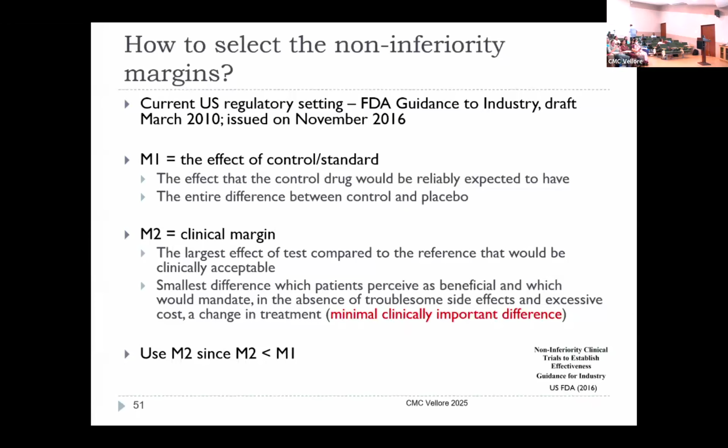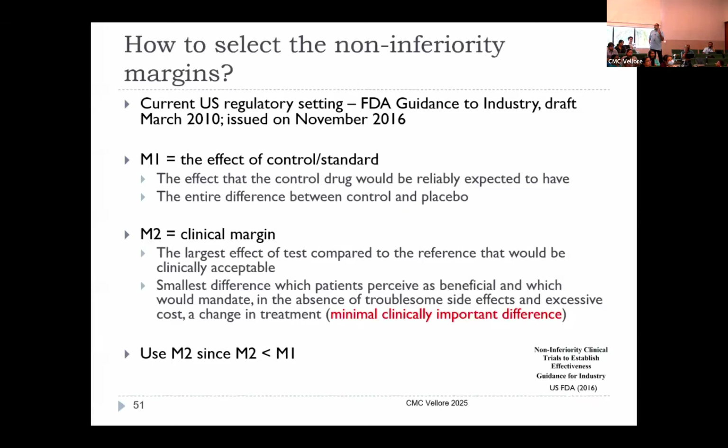Well, I can base it on my opinion or an opinion of a group of physicians, or they force you to use what has been published in the literature. So they look at the standard of care at that moment, and what is the effect of that standard of care against placebo. And that they call M1.